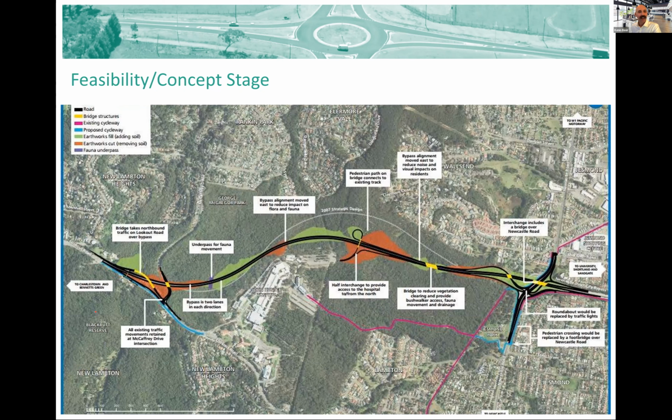You can see the plan of a bypass here, and you're thinking about where the interchanges are, what form of interchanges they are, how travel patterns are going to change, how people from up here are going to get down to here now. It's pretty big picture stuff.